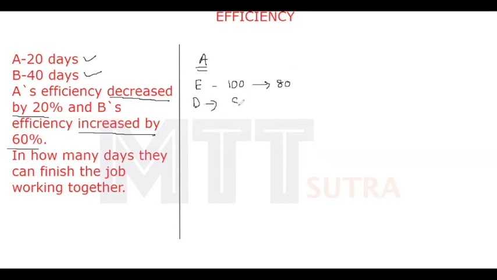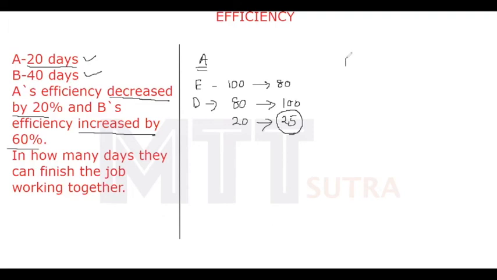So if it was 80, it will become 100. Now, what is the actual number of days required by A to finish the job as given in the question? 20 days. So if earlier A was taking 20 days, how many days are required by A to finish the job with the decreased efficiency? If 80 is equivalent to 100, 20 is equivalent to what? 80 by 4 is 20, so 100 by 4 is 25. So with the reduced efficiency, A will require 25 days to finish the job.